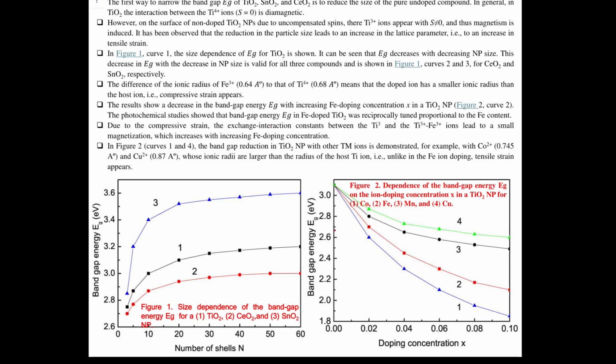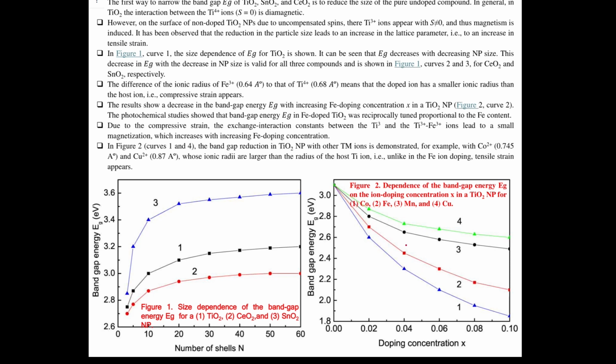When the material is doped with cobalt, iron, manganese, and copper, you can see the band gap varies. It's because of the interaction of the Ti3+ ions with the different metal ions doped on the surface.